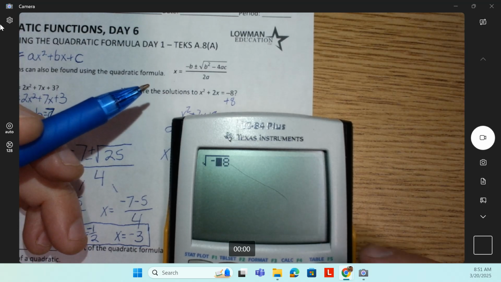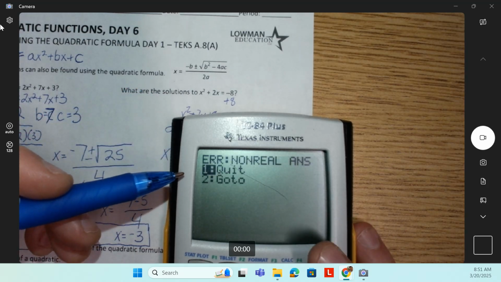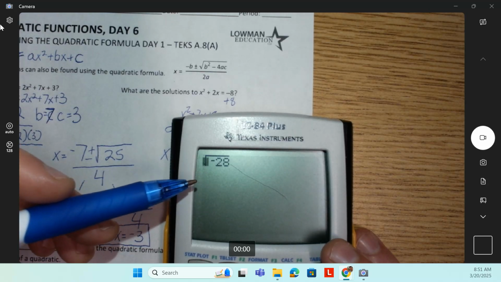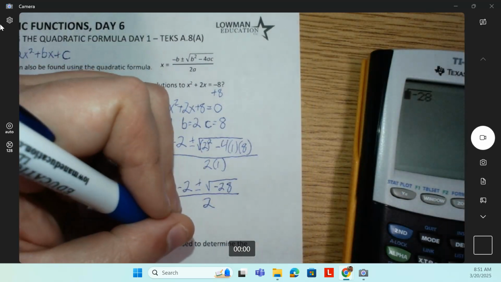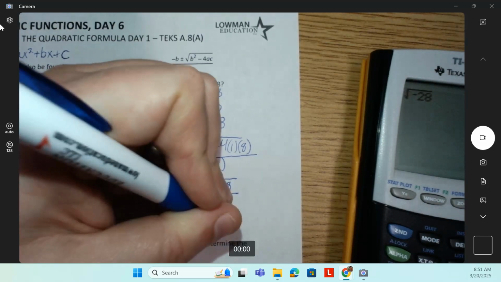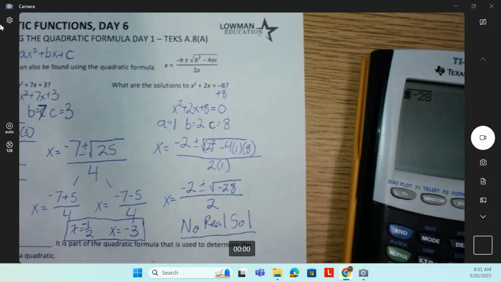Gives me error, non-real answer. So that means I cannot take the square root of a negative number. So we'll say there's no real solutions.